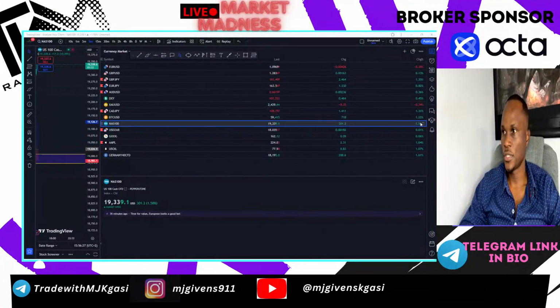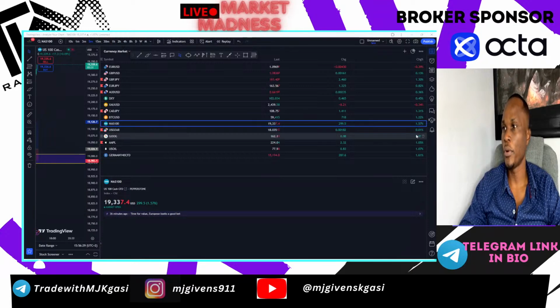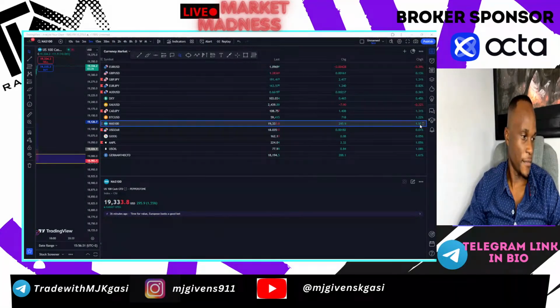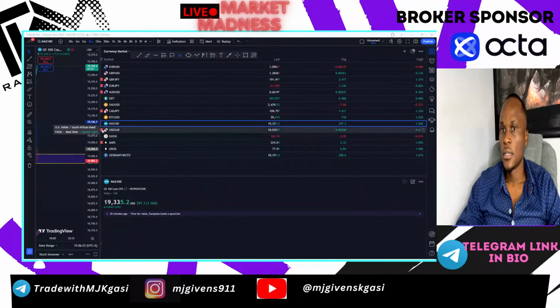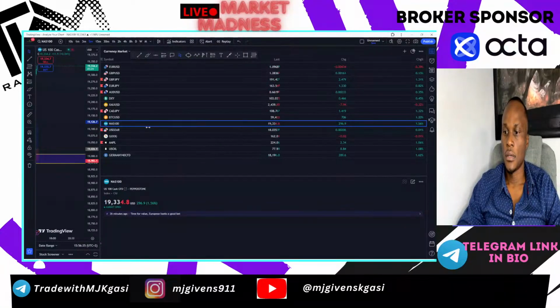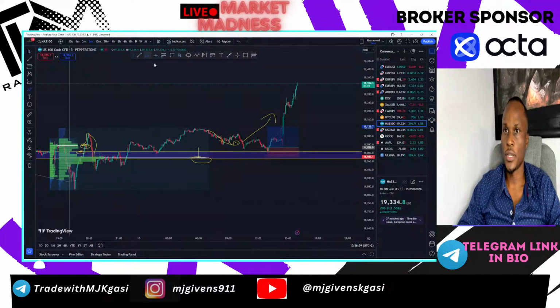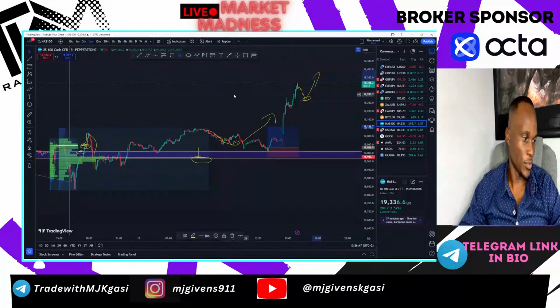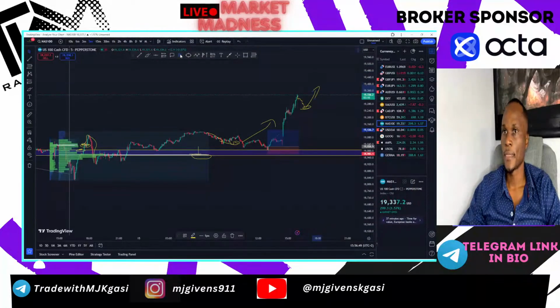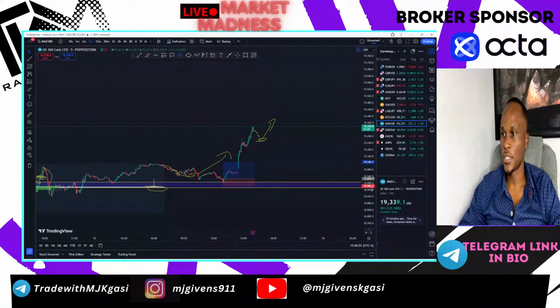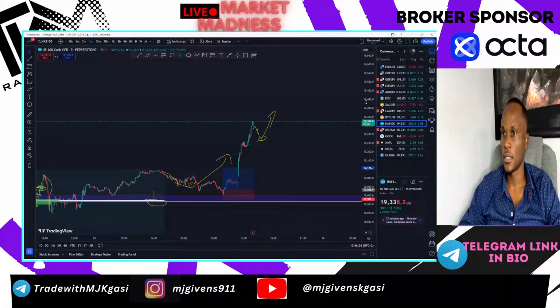Right, so as you see, Nasdaq is up by 1.55%. What will be our approach on Nasdaq? A retest around this level, you can buy at the discount, reload more positions from there.